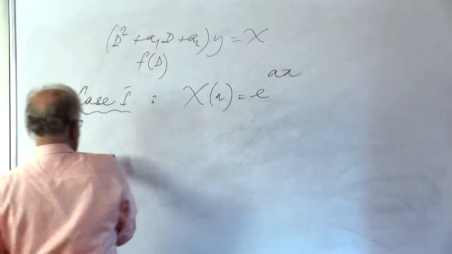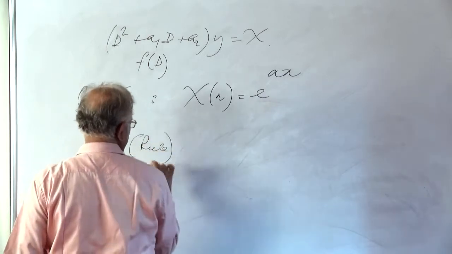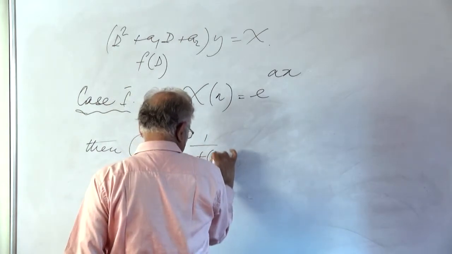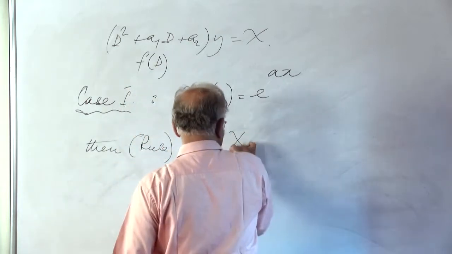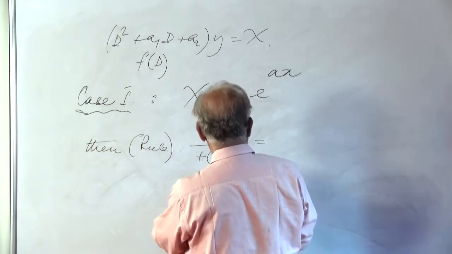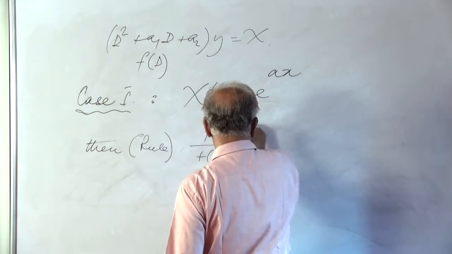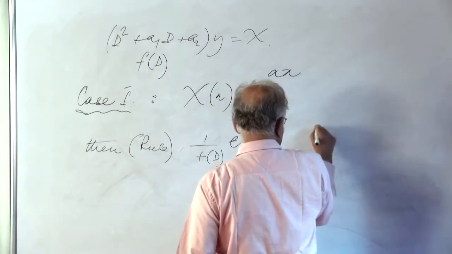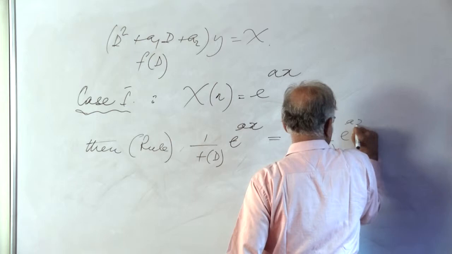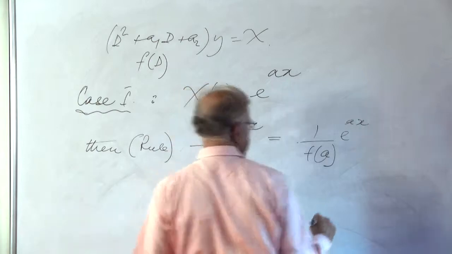Then the rule is 1 by F(D) operating on e to the power of ax is equal to 1 over F(a) times e to the power of ax, provided F(a) is not 0.